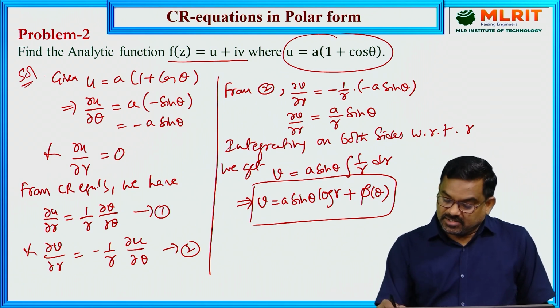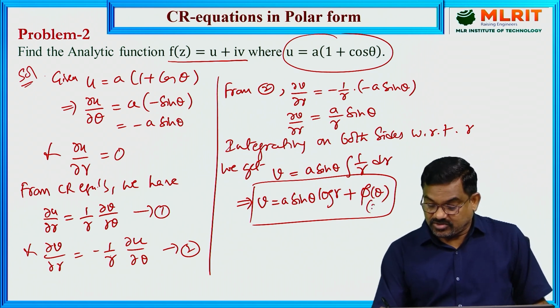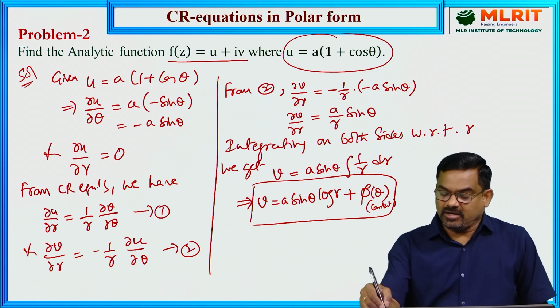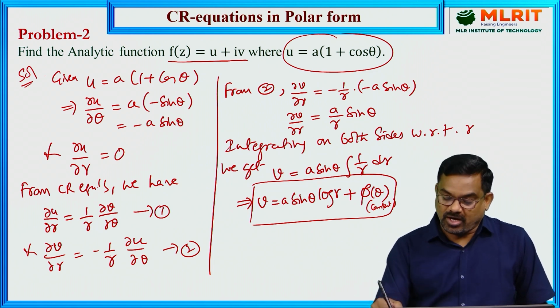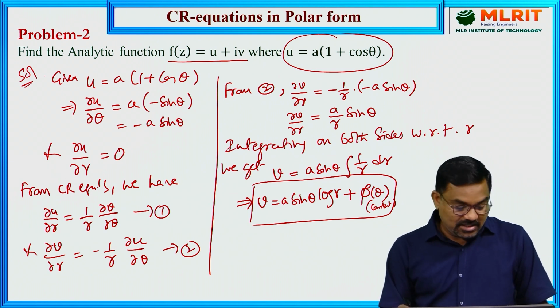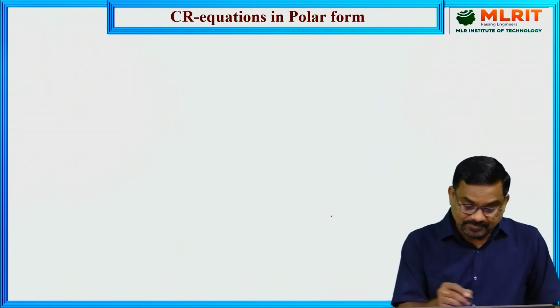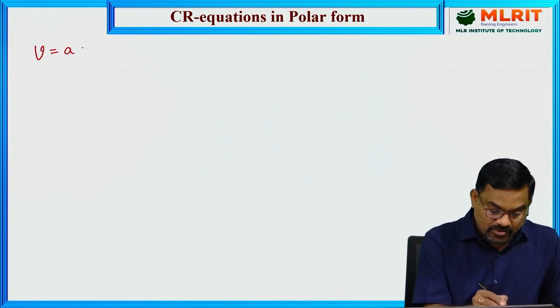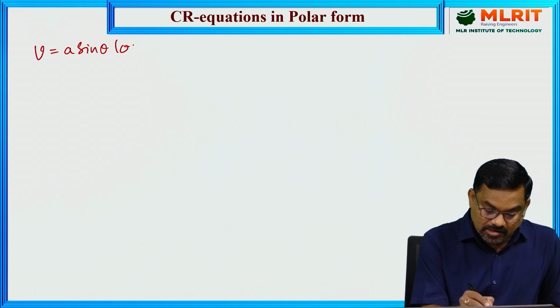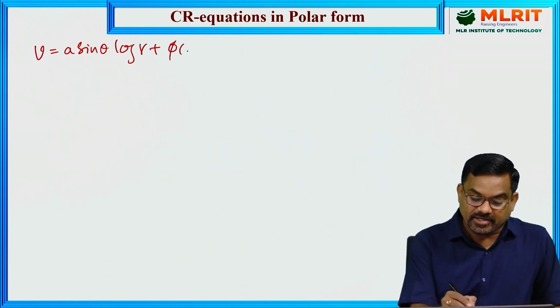Now, there is a constant term, φ(θ). You can consider this as constant, because here we have integrated with respect to r, so we treat θ as constant. Now, to find this, let us differentiate this with respect to θ. Again I rewrite this expression: v = a sin θ log r + φ(θ).